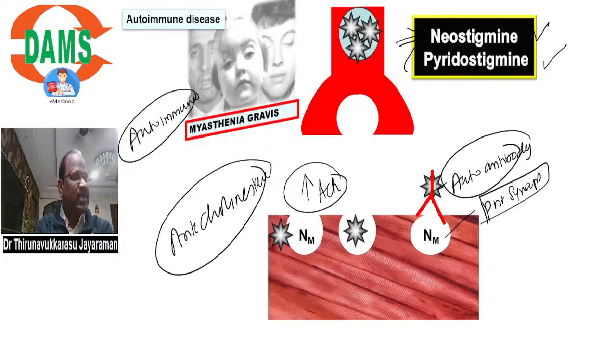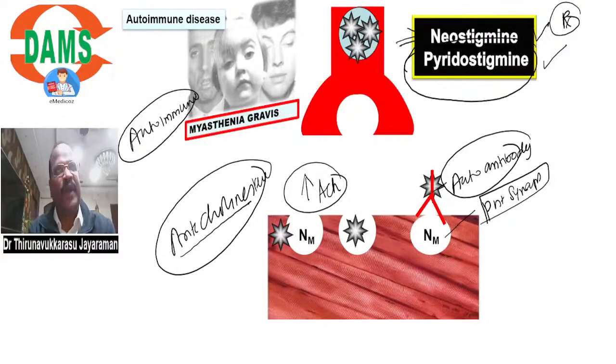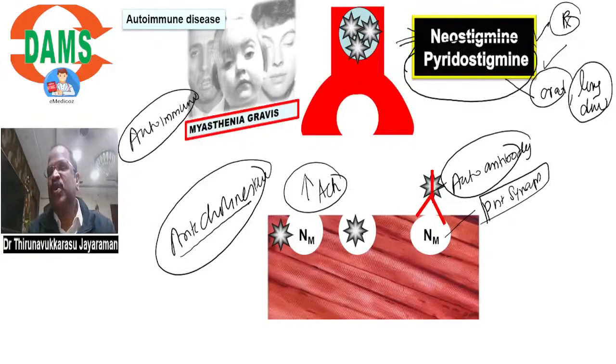Straightforward. For treating, you can use neostigmine or pyridostigmine. Mostly we go for pyridostigmine because it is orally given and has a long duration of action. So, patients will prefer pyridostigmine.